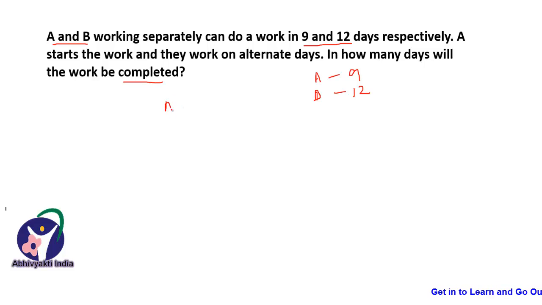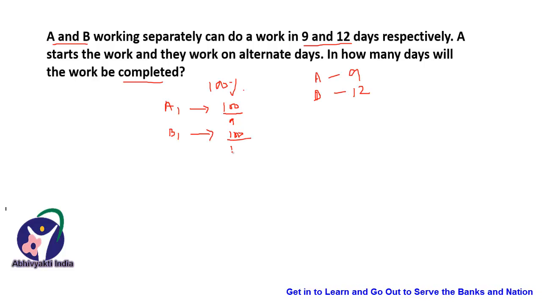So let there be 100% of work. A in one day can finish 100 by 9% of the work. B can finish in one day 100 by 12%.